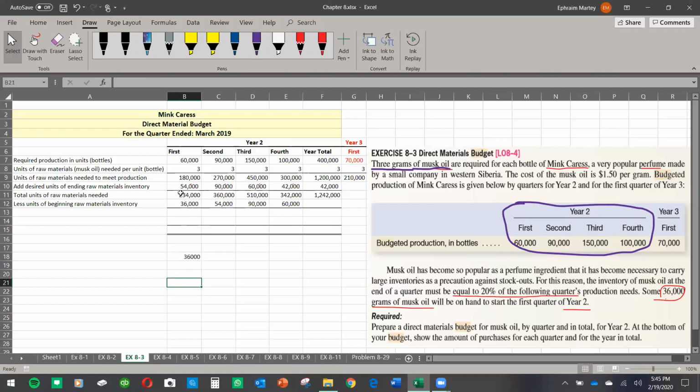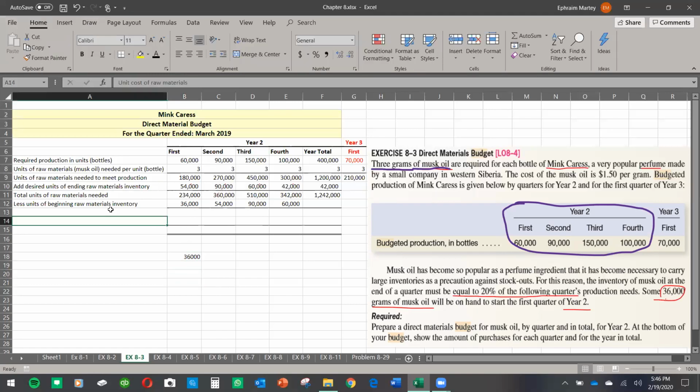But if you're not given, you need to know that you multiply, because in the first year, the fourth quarter was 20% that they want to retain of the first quarter. But since we have been given here, let's just put it over there. If you are not given, that is how you calculate it.